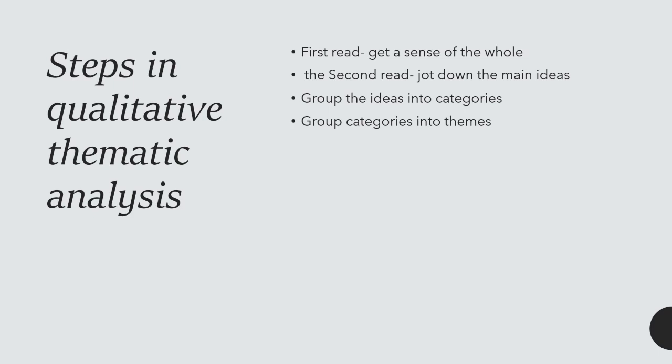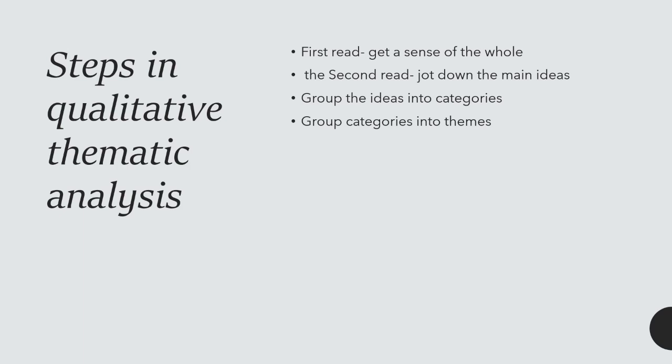So when we talk about analyzing the literature, we're also working with data. And the data that we have is similar to qualitative data. We've got text. When we do qualitative interviews, we transcribe them and we end up with text. So we follow a similar process as we would to analyze qualitative text, and these are very general steps. We usually first read to get a sense of the whole.